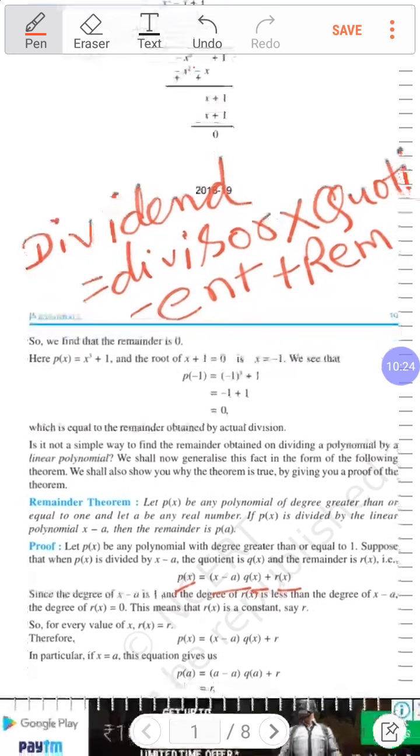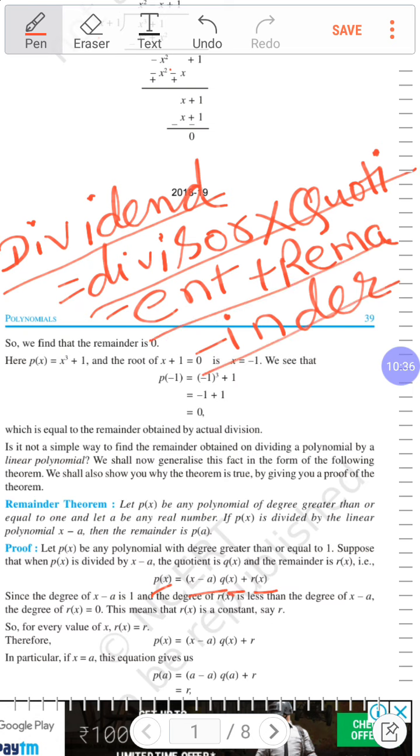This is the relation, that is, dividend is equal to divisor into quotient plus remainder. So here also p(x) is what? Dividend, this is to be divided. x - a is the divisor, q(x) is the quotient, and r(x) is the remainder. Is it clear? Now we will move forward.